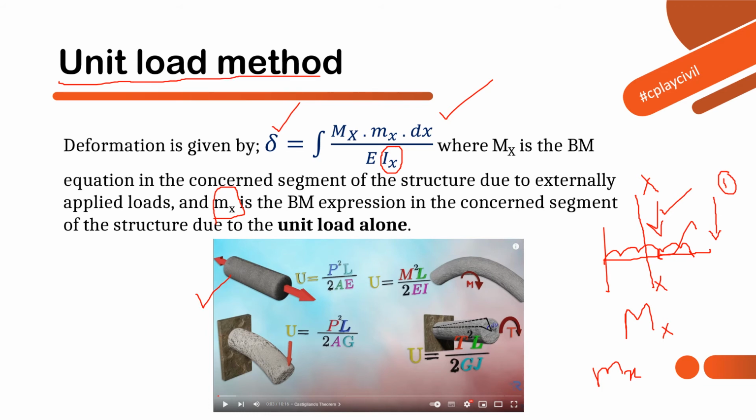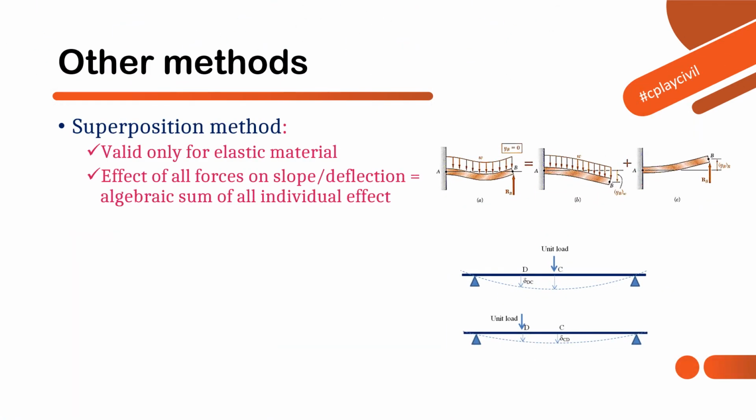Now let's move on to other methods. We have the superposition method. This superposition method is valid only for elastic material. It says the effect of all forces on slope or deflection is nothing but the algebraic sum of all the individual effects.